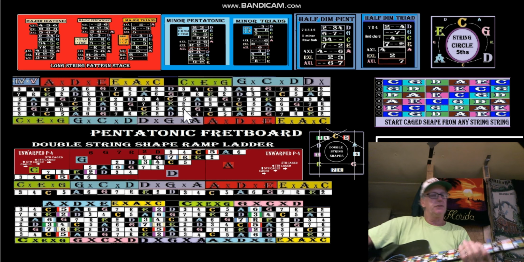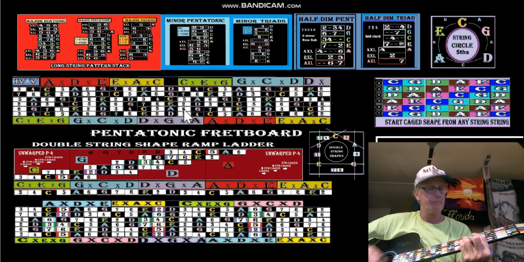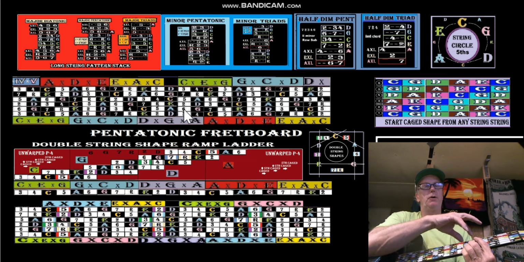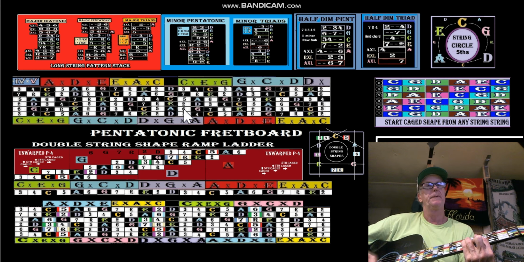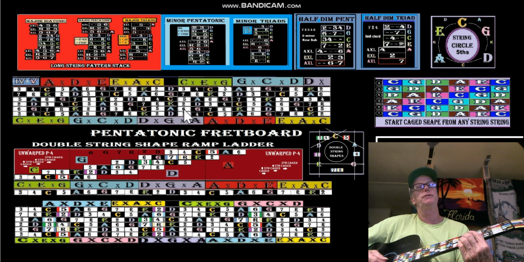Even when you're playing just like an E shape and you go to an A shape, it's almost like a substitution right there. You're substituting an A shape over that E shape. But on that substitution, you can only play a triad or a pentatonic.